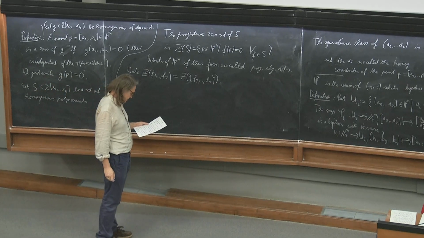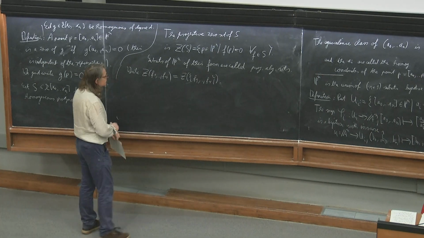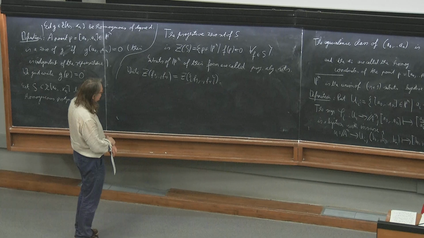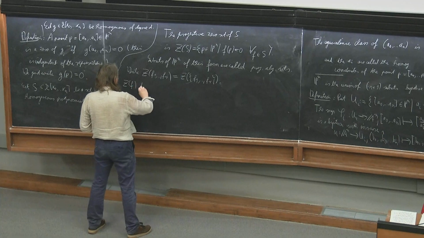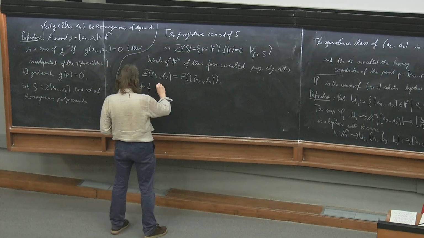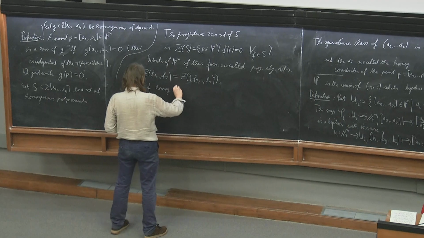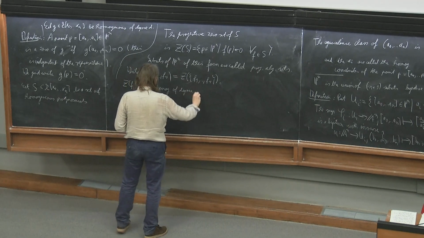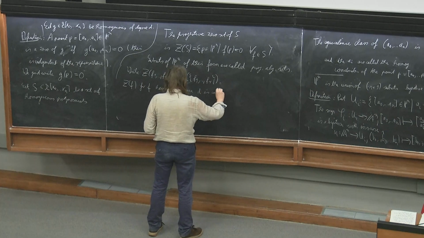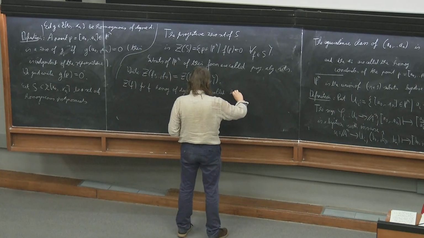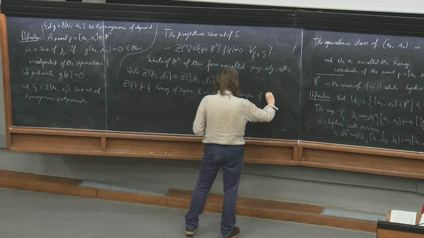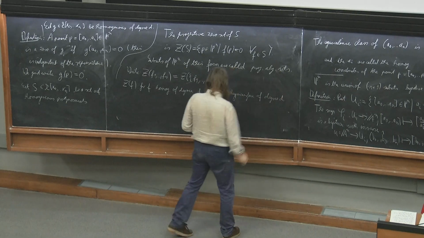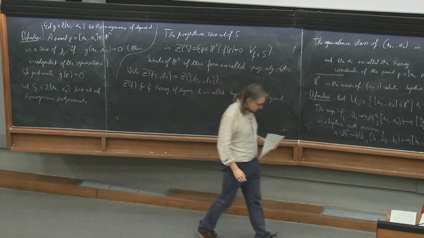And if S has just one polynomial f, homogeneous of degree d, we call Z of f a hypersurface of degree d. Okay, so these were just these definitions.